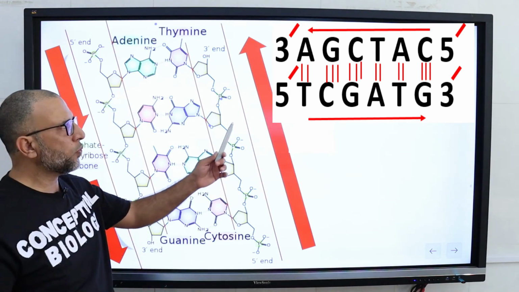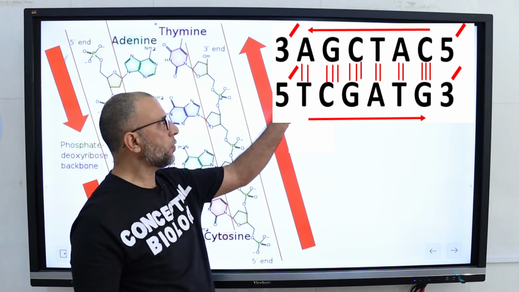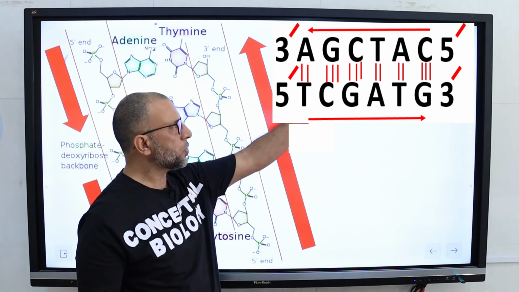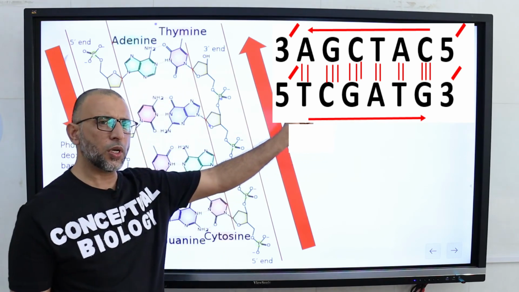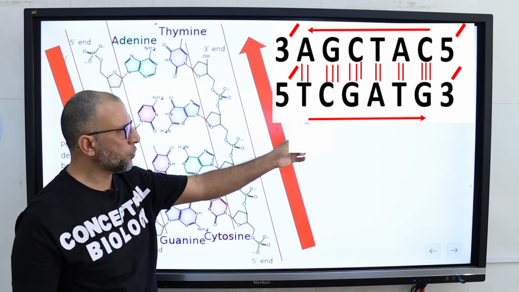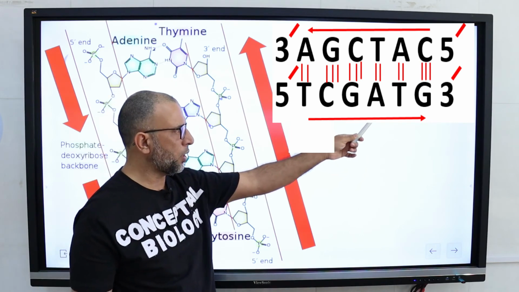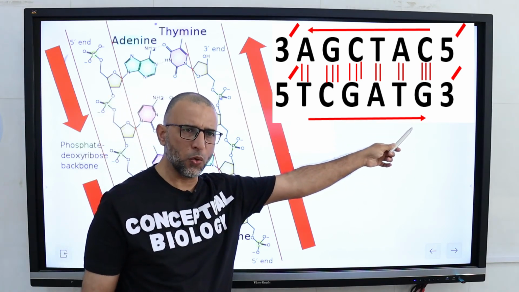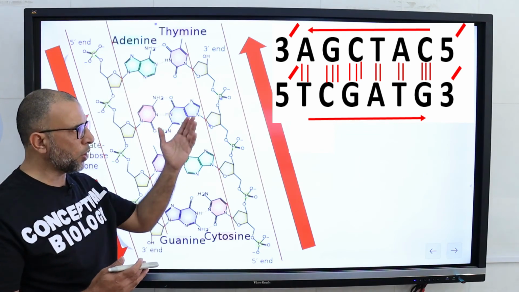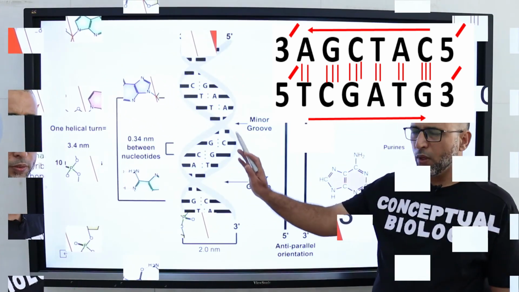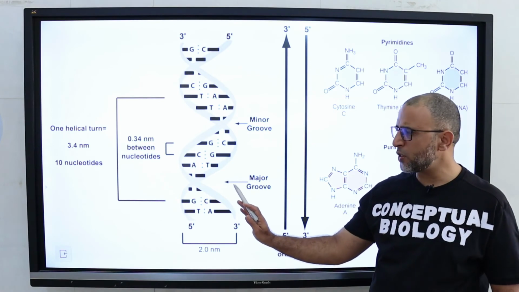For example, if one strand has the sequence of adenine, guanine, cytosine, thymine, adenine and cytosine, the other strand has the complementary sequence of thymine, cytosine, guanine, adenine, thymine and guanine, because adenine is paired with thymine and guanine is paired with cytosine. DNA has a regular structure.